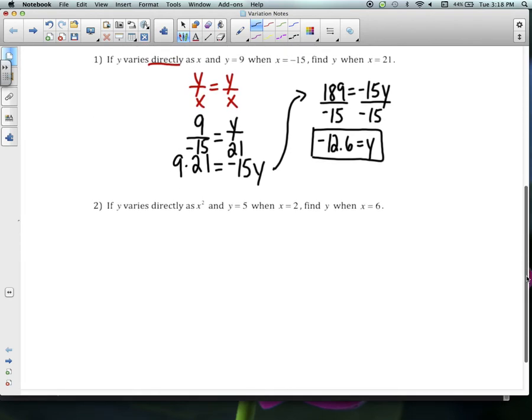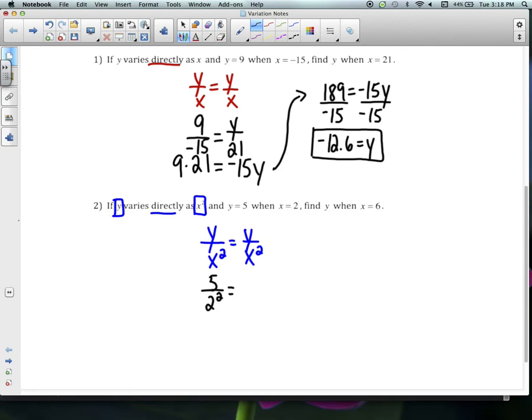It may get a little trickier like the second question down below. This one says y varies directly as x squared. So when you set this up, we want to do y over x squared instead of just y over x. Once you have that set up correctly, again, you're going to fill in the numbers. So y is 5 when x is 2. And then find y when x is equal to 6.